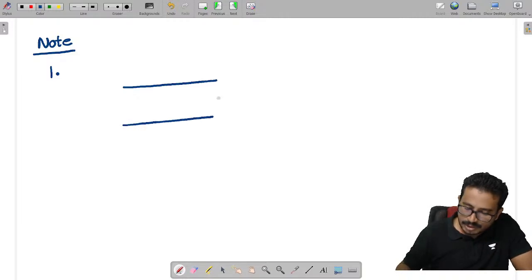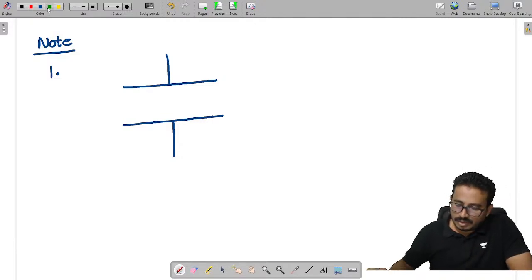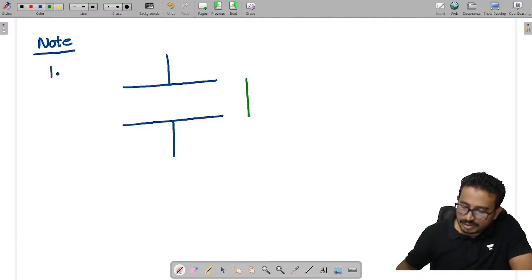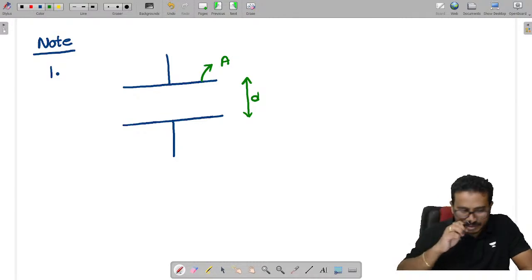Now here, let us say the distance between the two conducting plates is D, and the area of cross section is A.